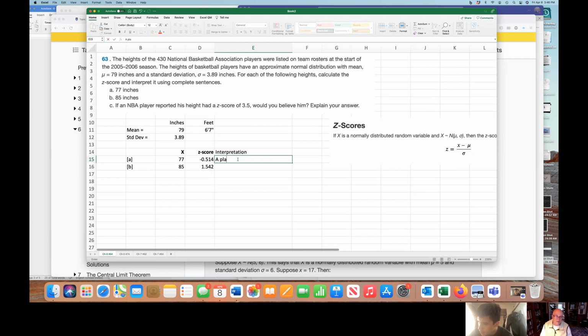A player of height of 77, that is 77 inches tall, is approximately half a standard deviation below the mean of 79 inches.